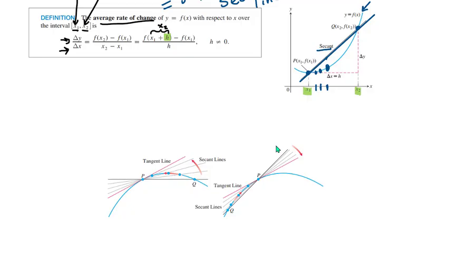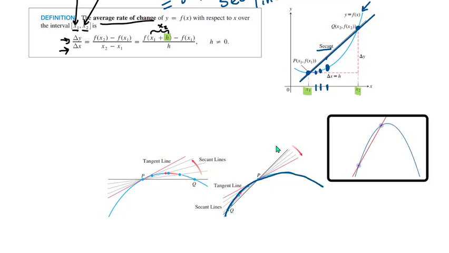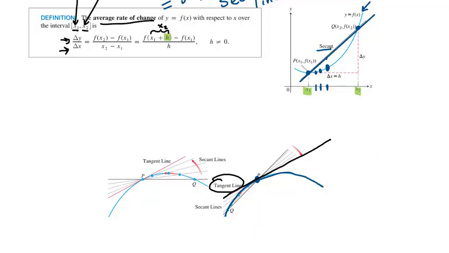So when you have a curve, let's say this is our blue curve, and our 2 points on the curve get closer and closer together until there's a single point, then that is our tangent line at that point. What the tangent line at a point gives us is the slope or rate of change at that point, which is an instantaneous rate of change.